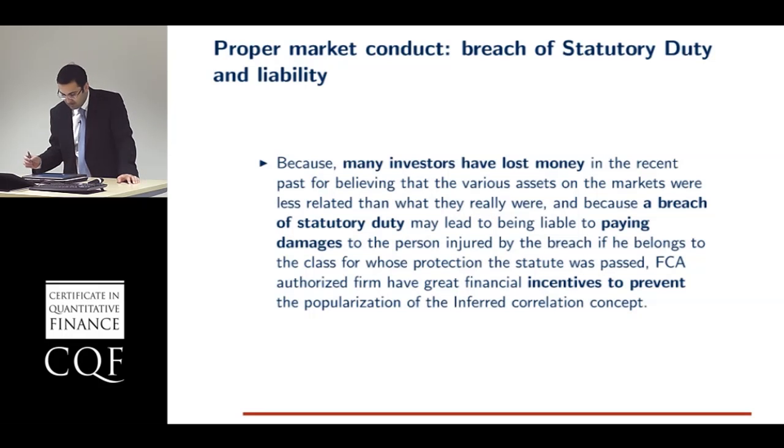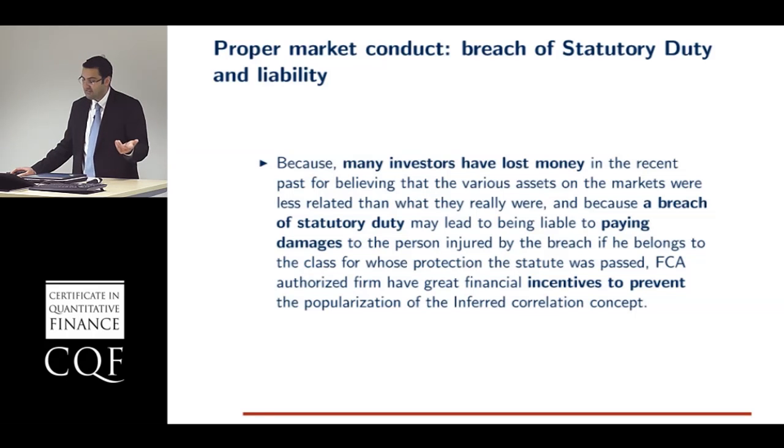Basically, this is a bit of a verbose way of saying what I'm going to say next. But the idea is that if you're a client, you've been lured into buying commodities from a commodities desk, and you've done that through an authorized firm via an FSA or FCA approved person, then you can sue the company, especially if you have lost money, in order to recuperate some of the money that you have lost.